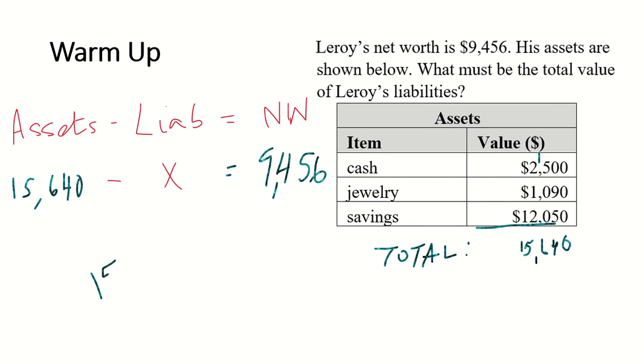15,640 minus what? Well, we just do subtraction. We can subtract 15,640 minus 9,456 to work backwards, and that would give us the liability.